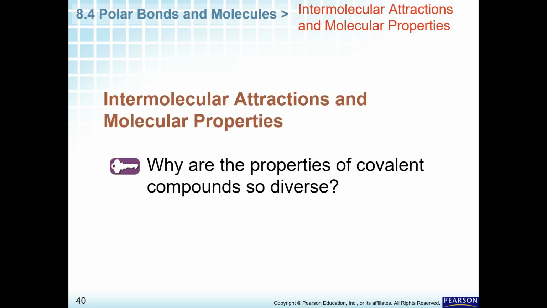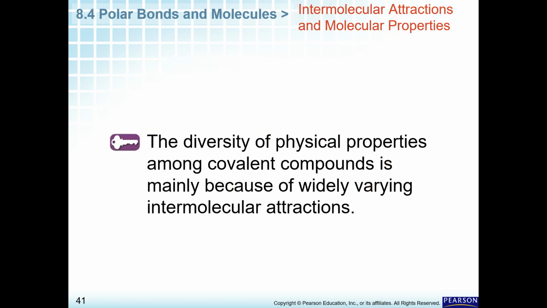So why are properties of covalent compounds so diverse? It comes down to there being different intermolecular attractions happening. So let's look at this. If I have something like F2, F2 is a nonpolar molecule, and so this one only has London dispersion forces occurring.